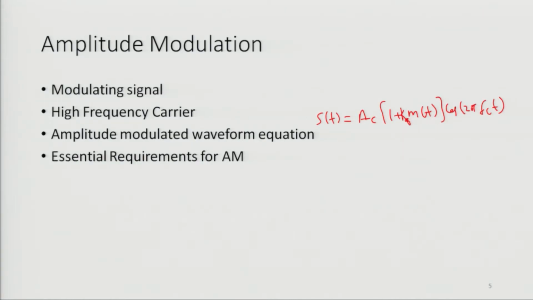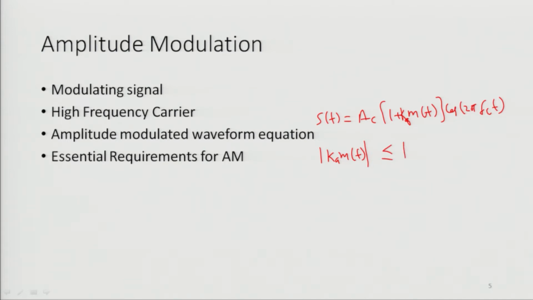And this we have already discussed, the amplitude modulated waveform equation, the waveform we have drawn. Essential requirements for AM. And for that, basically in this equation, this mod of ka m(t) should always be less than or equal to 1.